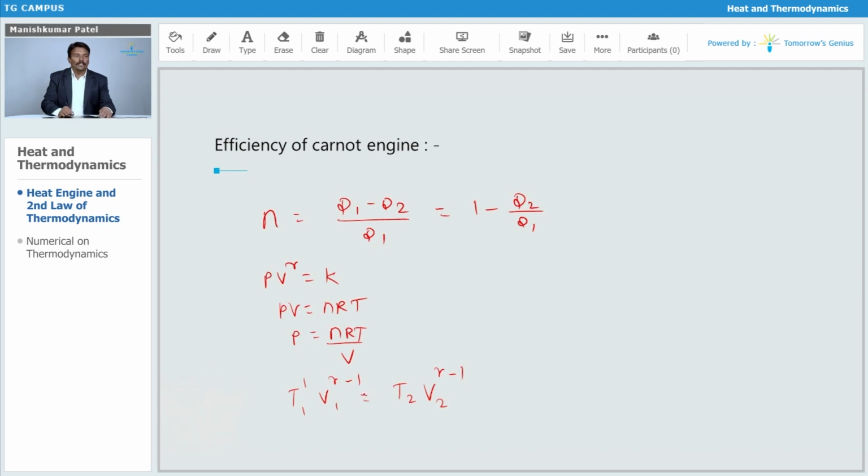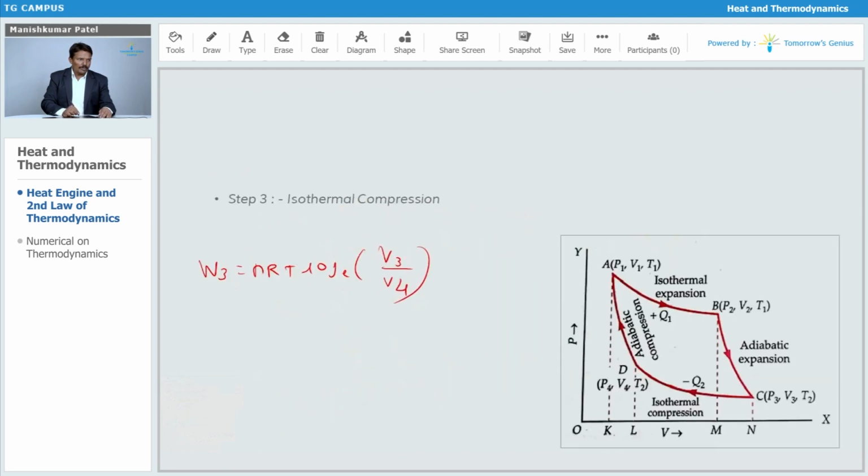If you see the graph, the second step is the adiabatic expansion, and the 4th one is also adiabatic, which is the adiabatic compression.